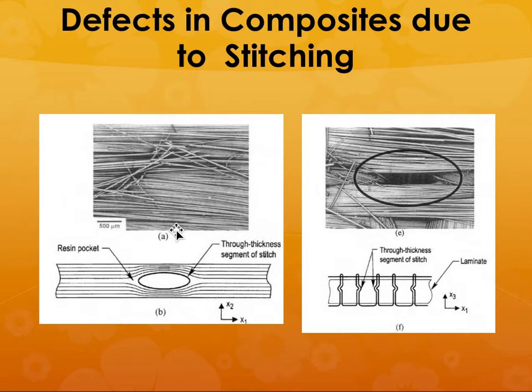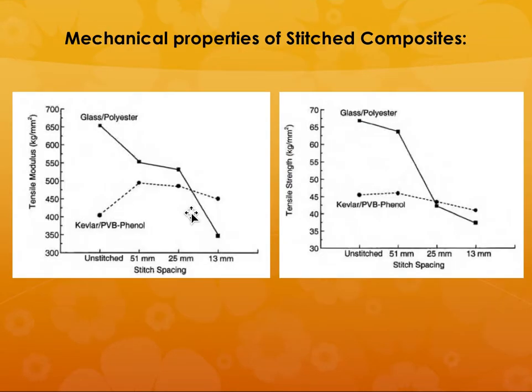So what are some of the defects that you can introduce into the composite due to the stitching? Suppose you drill a hole, you are breaking the fibers in certain directions and orientations, and that may not always be advantageous to you. So you can see the mechanical properties.